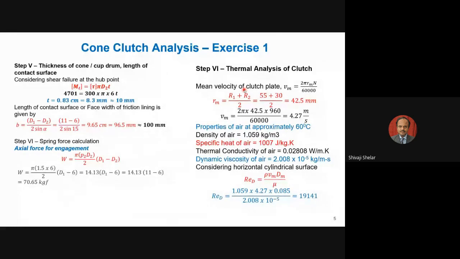So we are calculating the mean radius and mean velocity of the cone surface. So we need to determine mean velocity of the clutch speed. Vm is equal to 2 pi Rm n divided by 60,000. If you take Rm in millimeter, n in RPM, this formula will give you the velocity in meter per second. For this, we required Rm, and Rm is equal to (R1 plus R2) by 2.